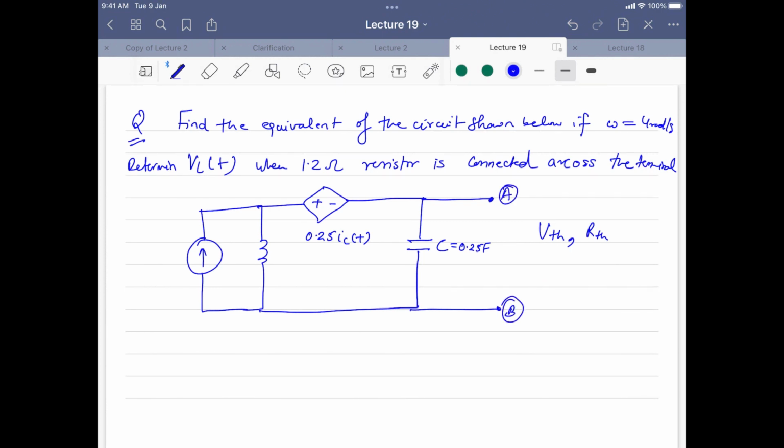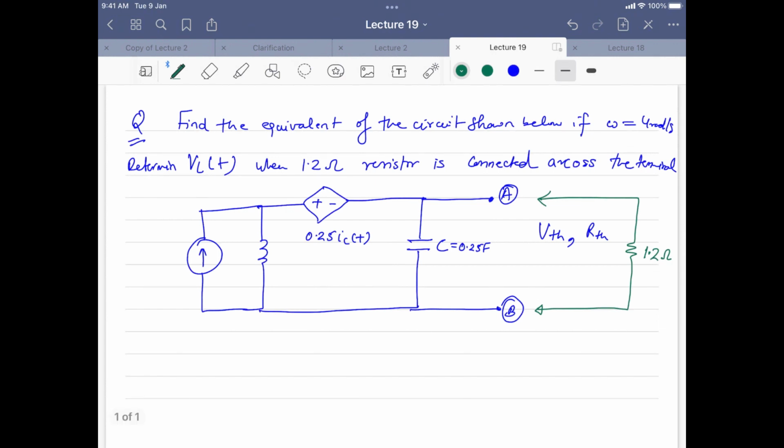And the second question is, once you are done with calculating the V Thevenin and R Thevenin looking into this terminal, then they are asking you to calculate the VLT if you connect a load resistance like this. So this is the 1.2 ohm resistance, and we are asking to calculate the voltage across this.